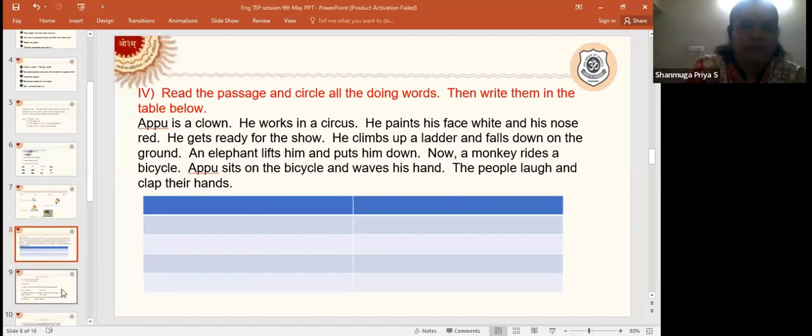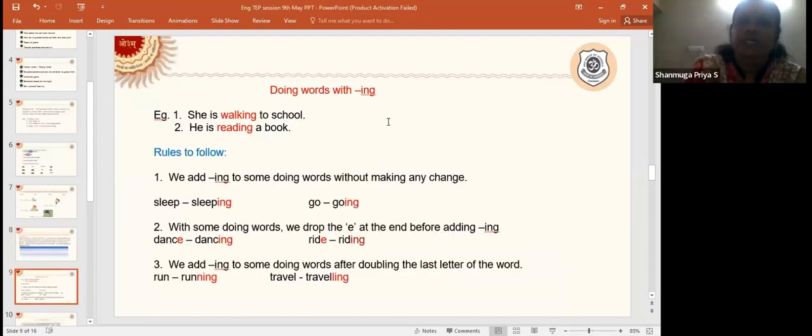So next, we'll move on to the doing words with ing. Adding ing to doing words like walking, reading, writing, drinking, sleeping, jumping.